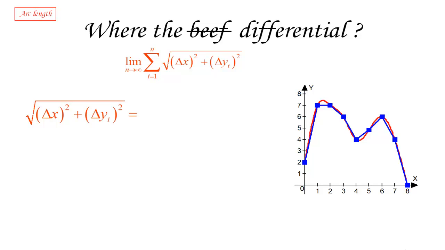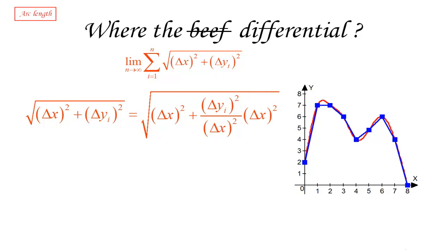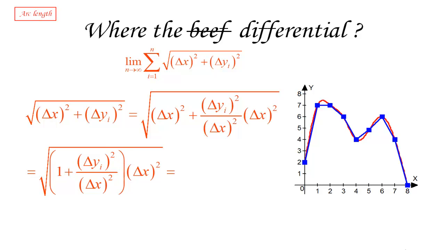We're going to take that formula and manipulate it a little bit. We're going to take the delta yi squared and multiply and divide it by delta x squared. In this case, both terms under the square root will have a delta x squared, which I can therefore take as a common factor, and then move out of the square root, thus obtaining a delta x.